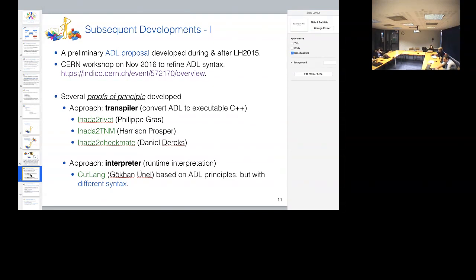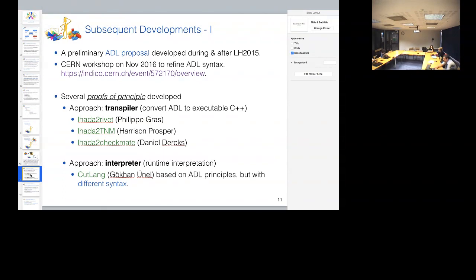And actually, the second approach, the interpreter, actually came first, which was essentially a runtime interpretation of the ADL. And because it came first, its syntax is somewhat different from the syntax that was developed in the proposal on the previous slide. But basically, there are these two approaches.